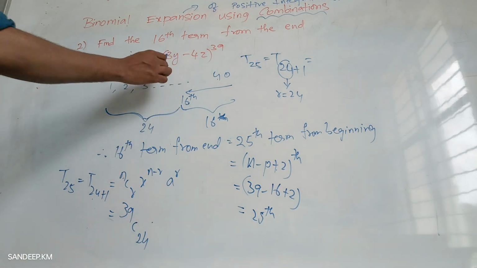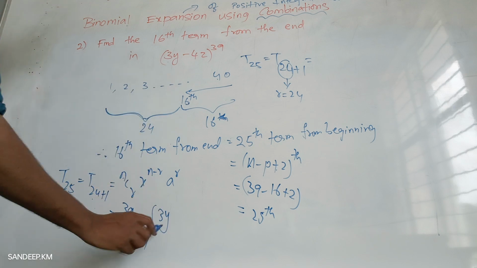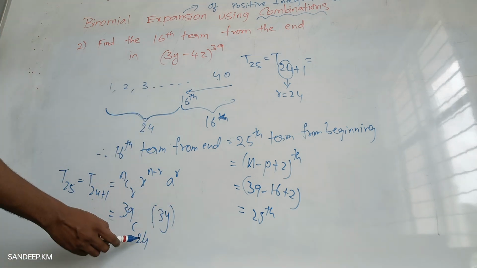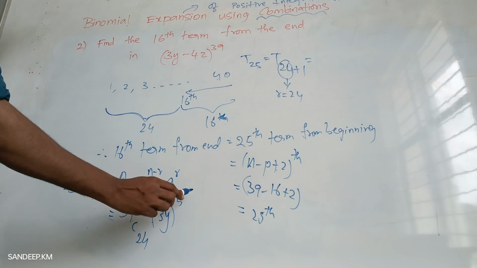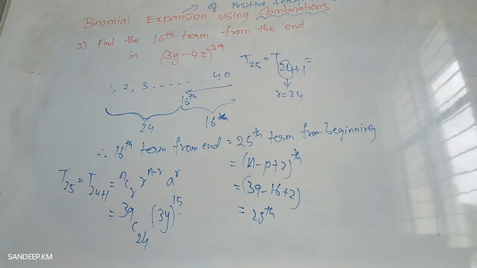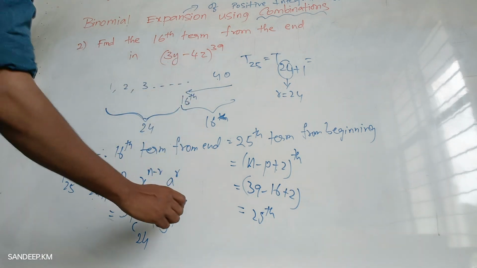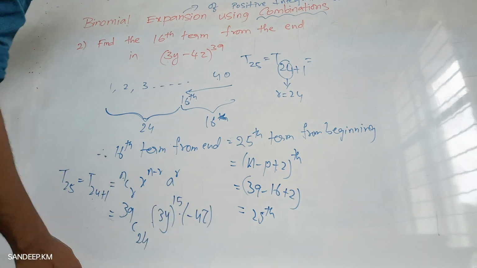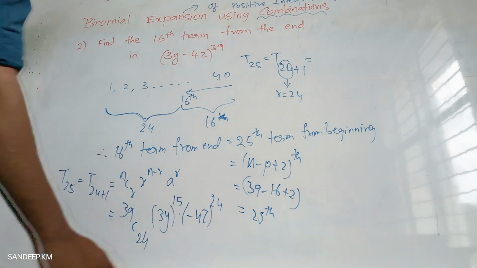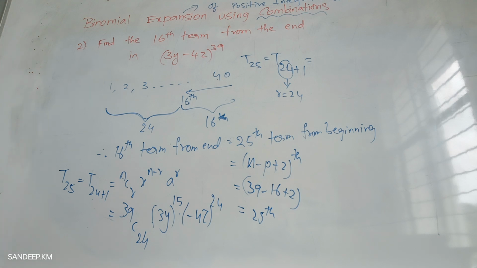Into x is the first term, 3y. 3y power 39 minus 24, which is 15, into a, which is minus 4z, power 24. So this is the 16th term from the end.